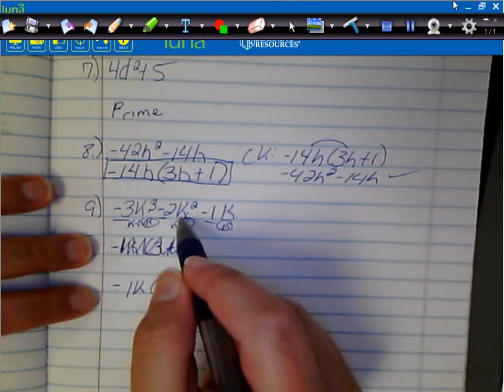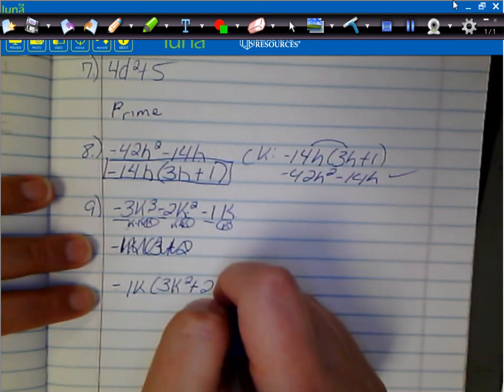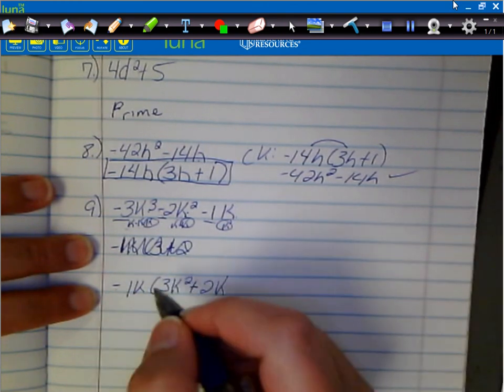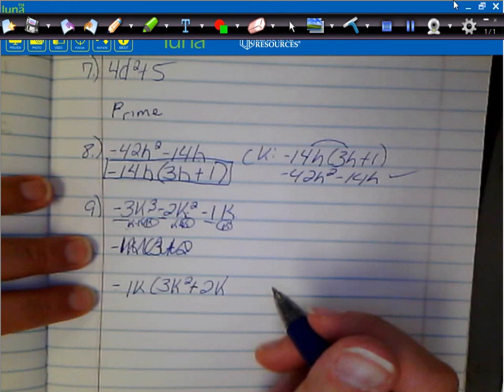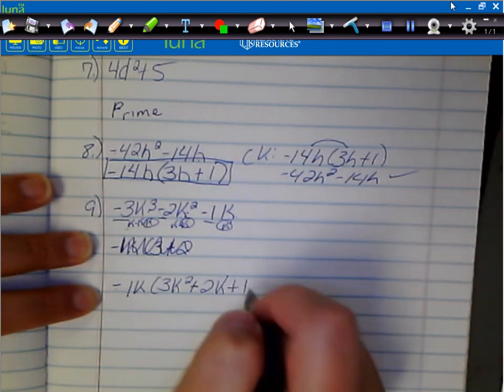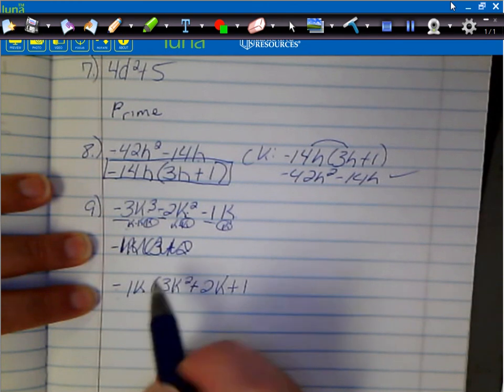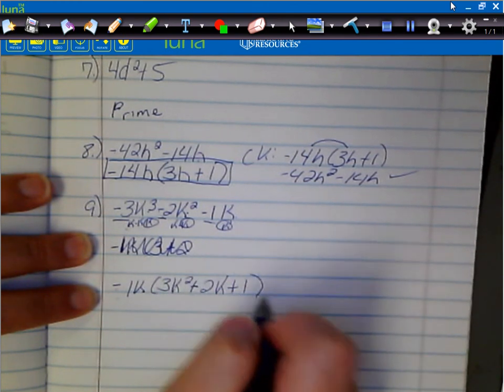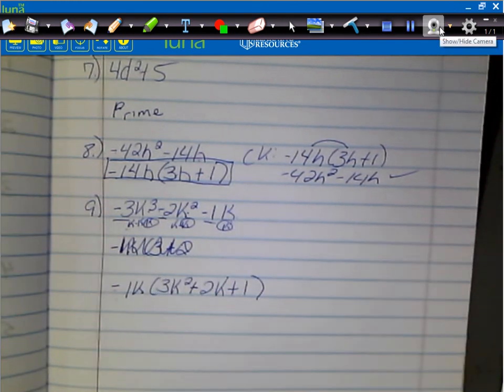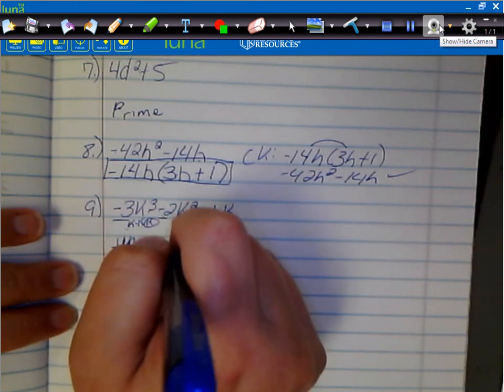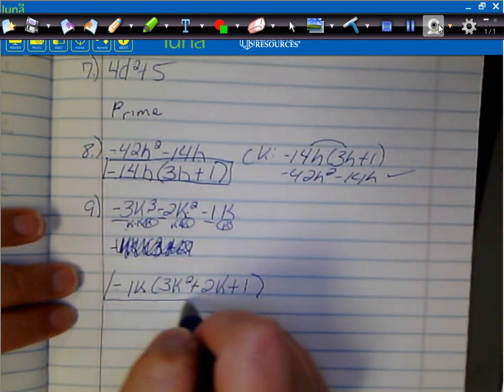I have 2 k's, and I took one out, so I have 1 left. And then negative 1 times what is negative 1? That's a positive 1. Negative 1 times 1 is negative 1. I had a k, but I took that k out. So I don't have any k's left for that one. So this is your answer for that one.